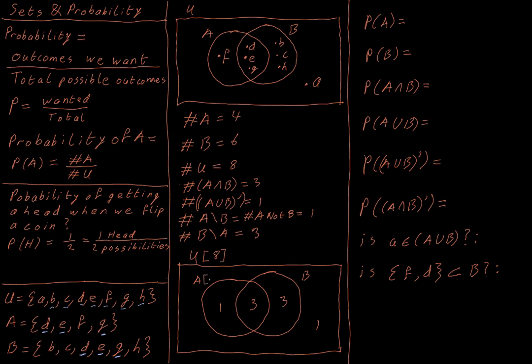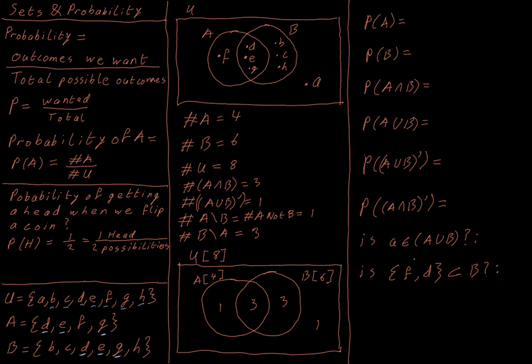So the total in A is 1 and 3 is 4. That's the total in A. So these are the cardinal numbers I'm writing in here. And the cardinal number of B is 3 and 3 is 6, which is the same as what we had up here. So now we've filled in this cardinal number version of the Venn diagram.